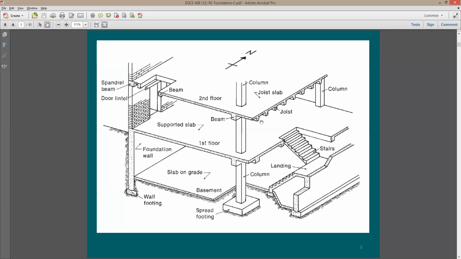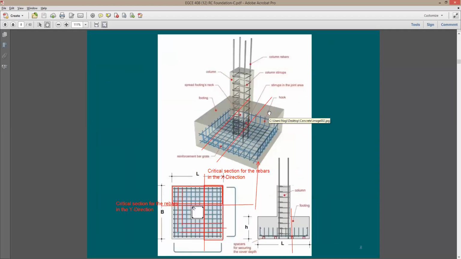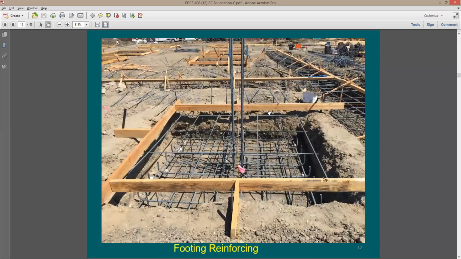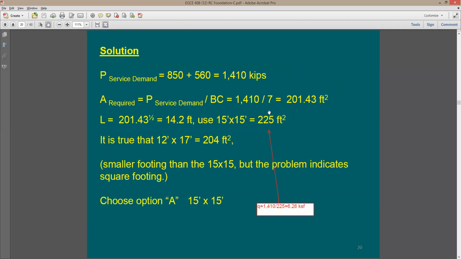Now for the foundation design, we're talking about the same column, which means now you have the surface load and also the ultimate load. So we're going to do a check on the bearing stress. You have the surface load by just adding dead load plus live load. The allowable stress, or the allowed bearing pressure, is going to be given to you.